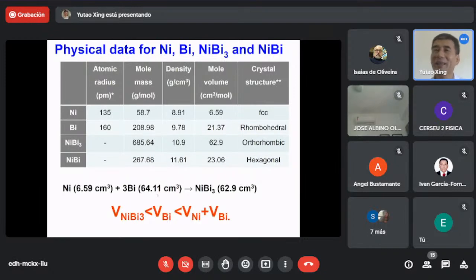That's why it's so easy for nickel and bismuth to react. Even if we just imagine we put 1 atom on the surface of bismuth, and then when they react, the volume contracts, the volume becomes smaller. So when the nickel atoms go into the bismuth, it induces collapse of the bismuth.